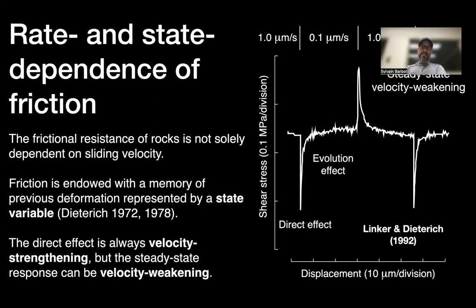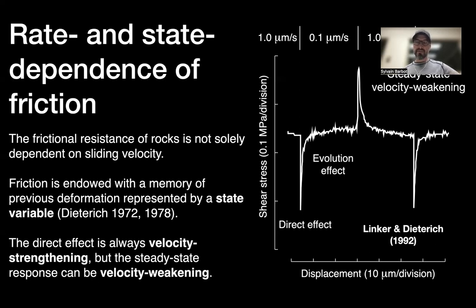During the seismic cycle, however, we can keep track of the evolution of friction, and that is captured by these laboratory experiments at different sliding velocities. What we see is that friction always follows a direct effect when the velocity is increased. But this is followed by a time-dependent evolutionary phase where friction can increase or decrease and reach another value at a new steady state.